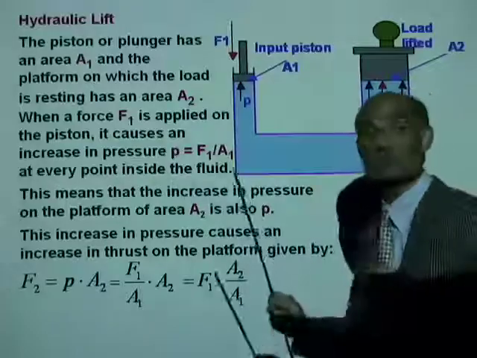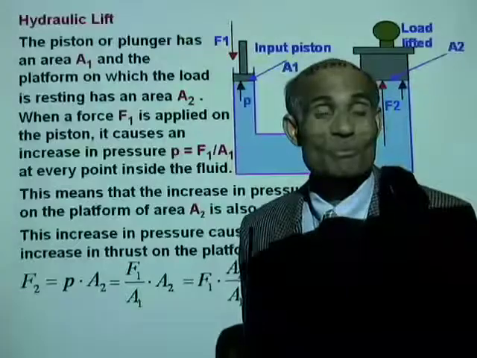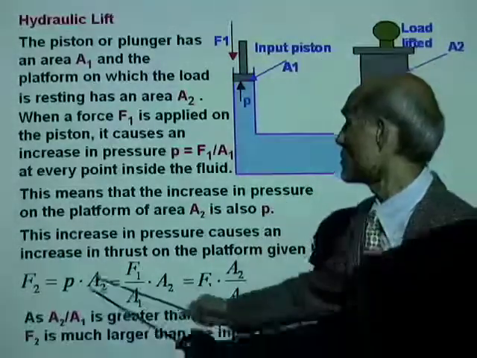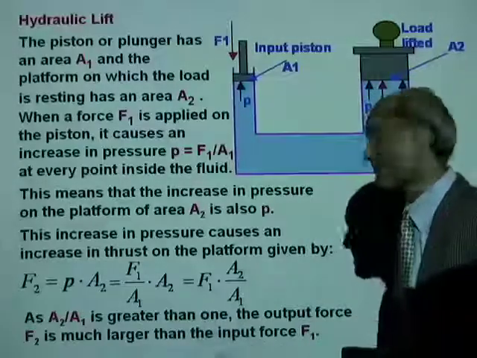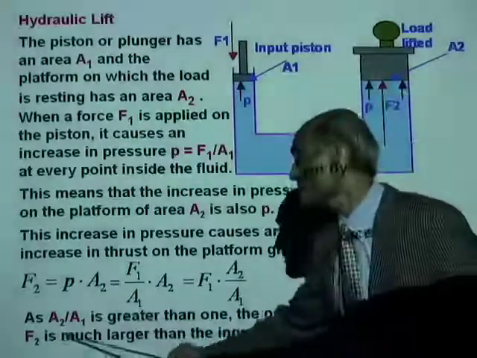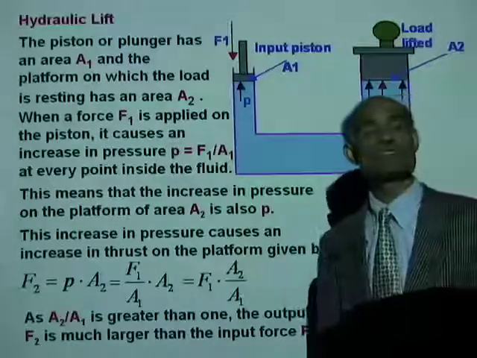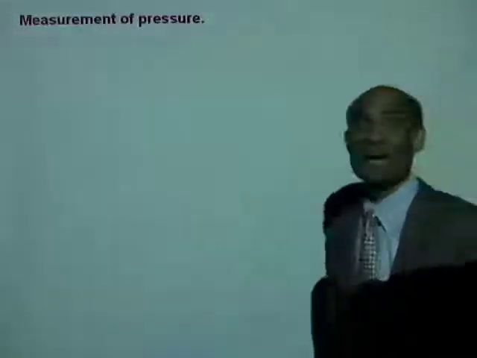So that is one thing you need to remember here. Conservation of energy is a very important principle. Nobody can break it. Okay. So as A2 over A1 is greater than 1, the output force F2 is much larger than the input force F1.